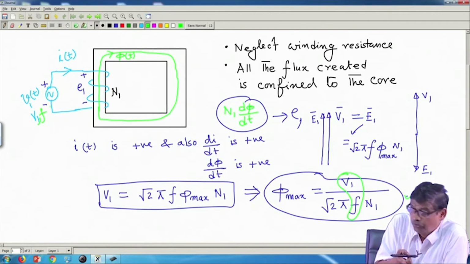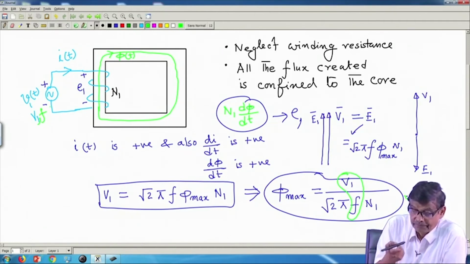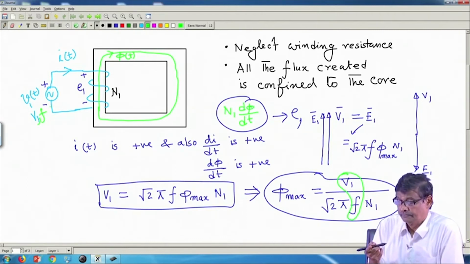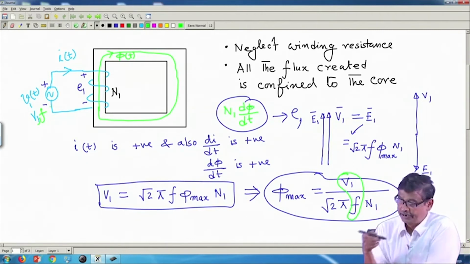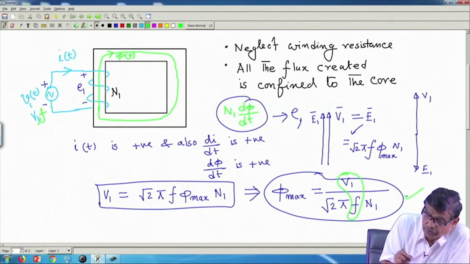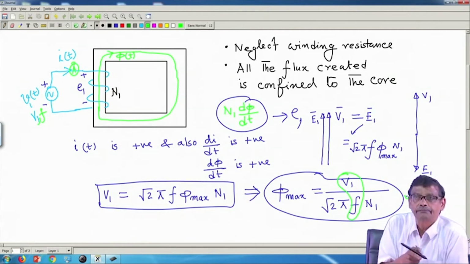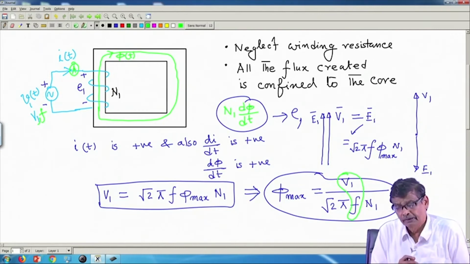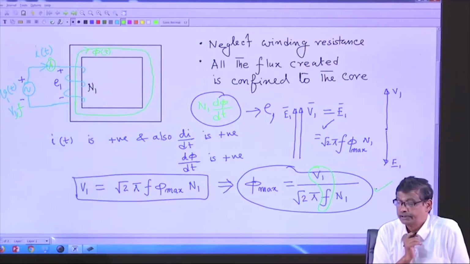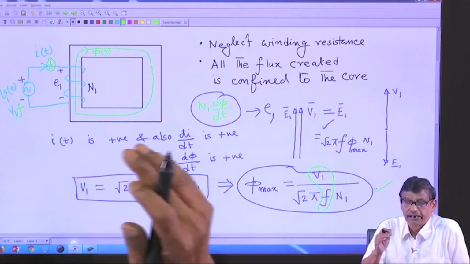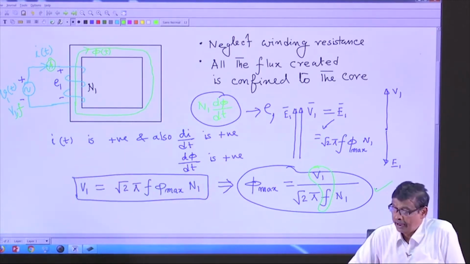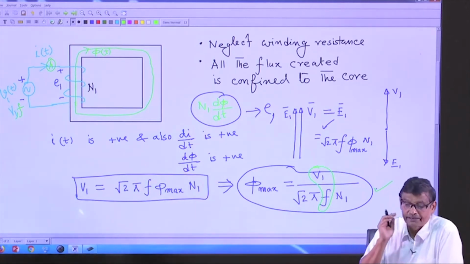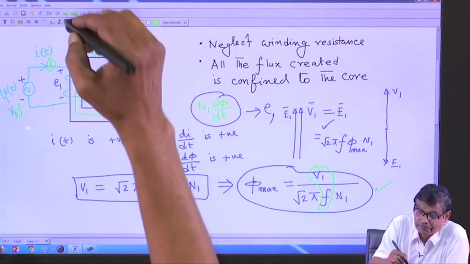Then how do we apply the magnetic circuit problem? The relevant question will be, if that be the case, what will be the current drawn. Suppose you connect an ammeter in series with this line, and the core is a magnetic material which has a BH characteristic, and I want to know what phi max is. Let us not make this page too dirty, so let us go to a new page.